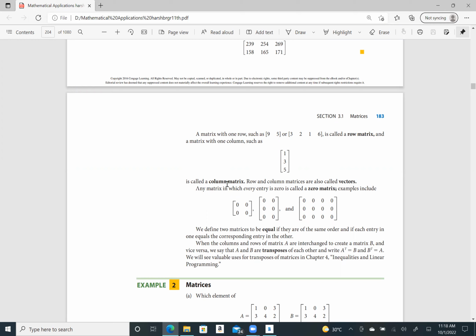If there is only one row, we call it a row matrix. If there is one column, we call it column matrix, regardless of the number of rows. All right. Now this is the zero matrix. Zero matrix are a matrix that consists of elements all 0. Okay. So all 0, zero matrix.